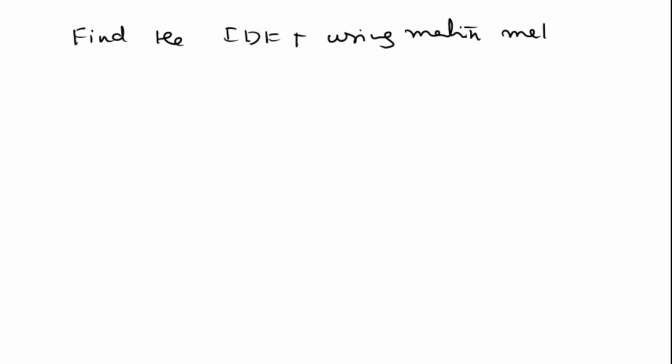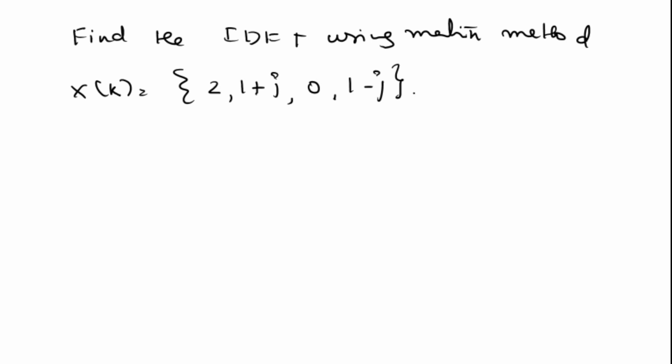Let us solve some problems on this. First one: find the IDFT using the matrix method. Given X of k is equal to 2, 1 plus j, 0, 1 minus j. So the left hand side should be small x of 0, x of 1, x of 2, x of 3.